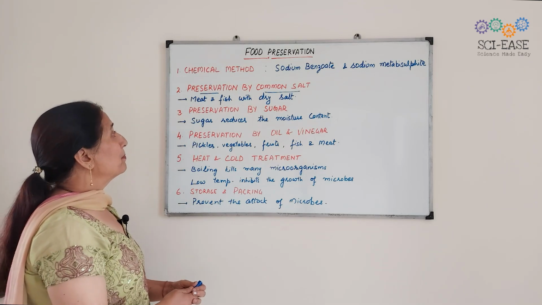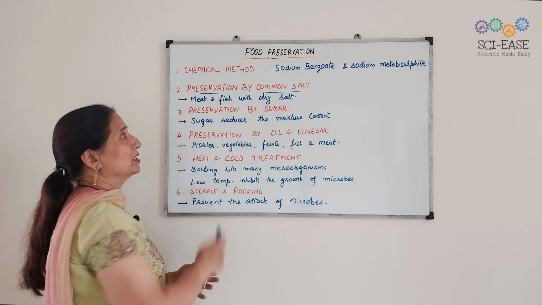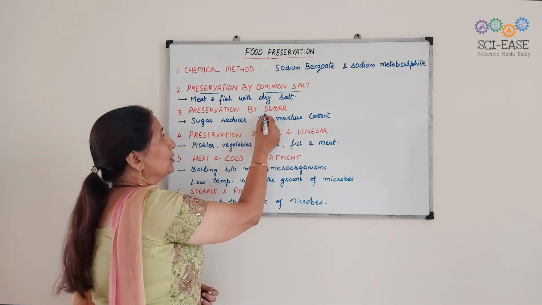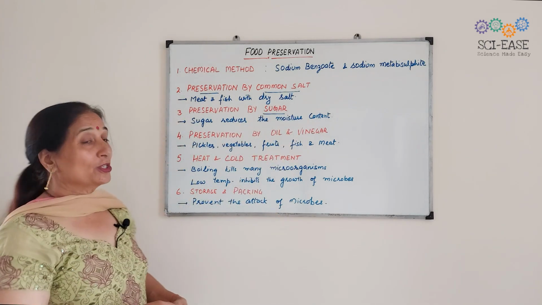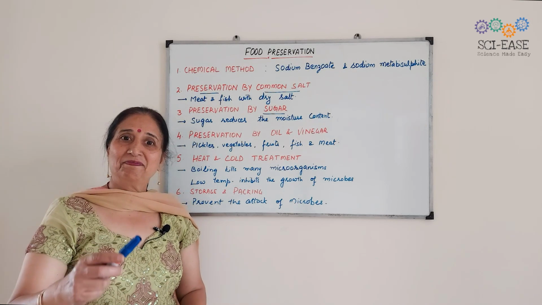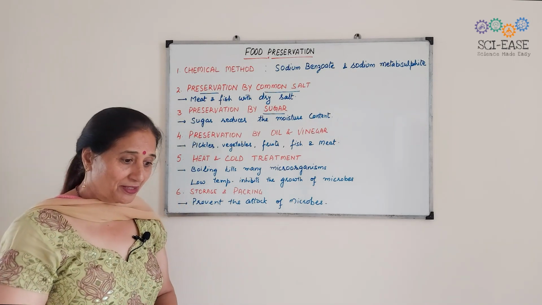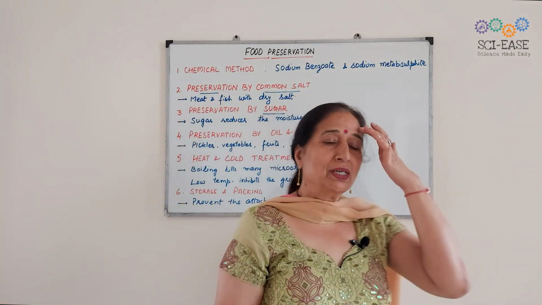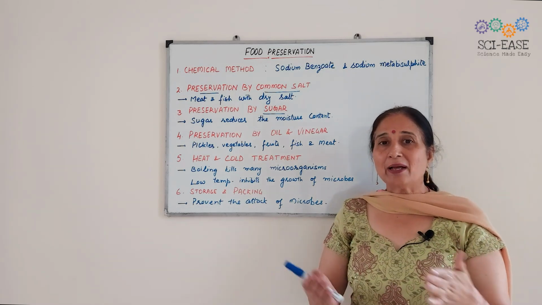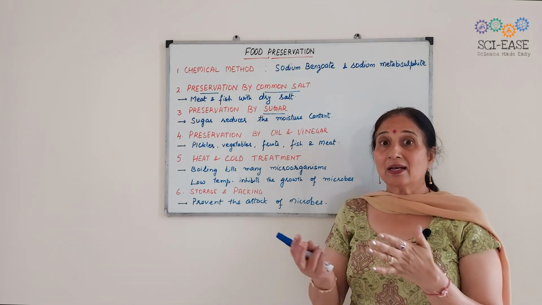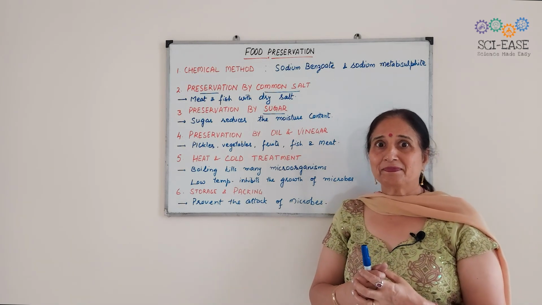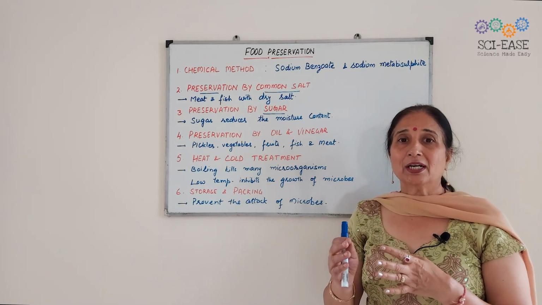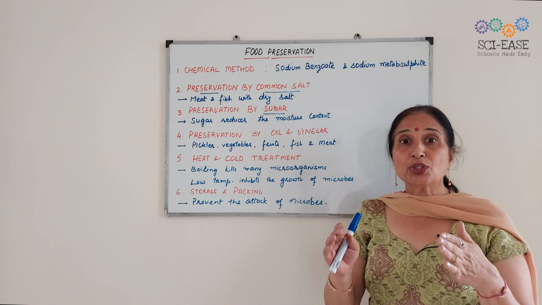Next is preservation by sugar. Sugar also preserves foodstuffs. You know that jams, jellies, squashes, and also murabba can be preserved in sugar.